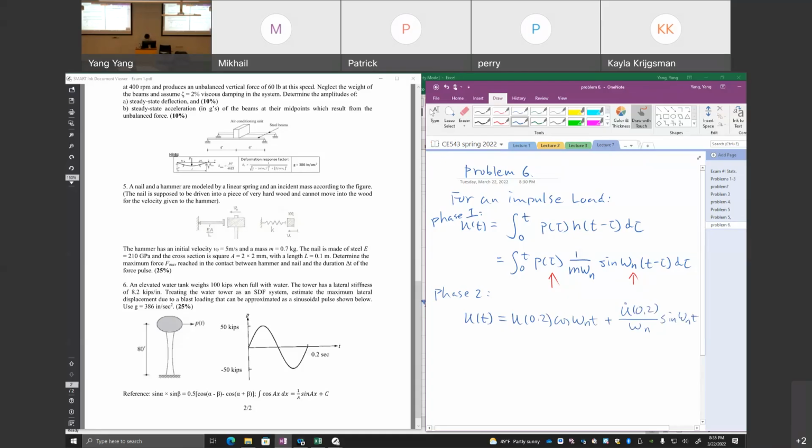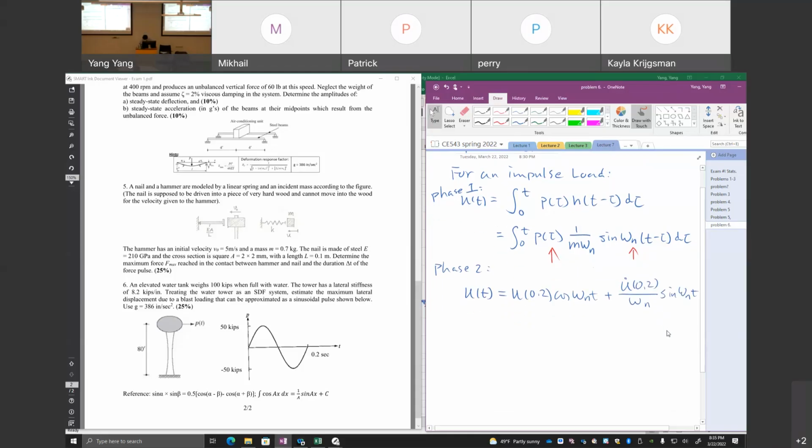In order to calculate the maximum displacement, we need to find the maximum displacement for phase one and for phase two, so that we can find the overall maximum. Both phase one and phase two are associated with omega n, so we need to calculate omega n.